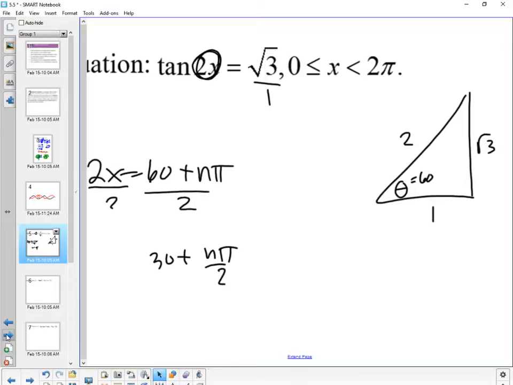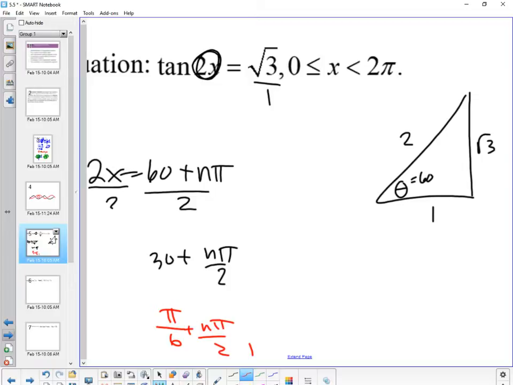Because x was 30, we were right, but 2x equals 60, you still have to go back and halve everything. Thank you for asking, because we would have missed that altogether. So this is just pi sixths plus n pi over 2.